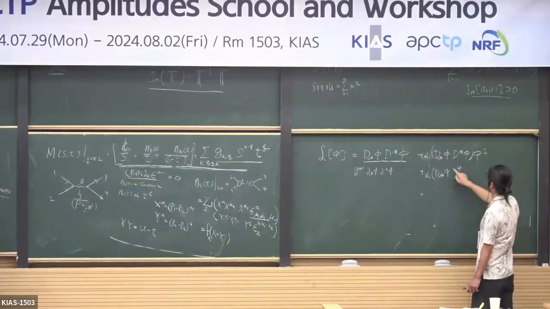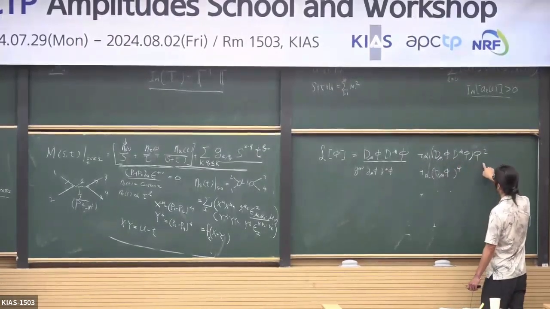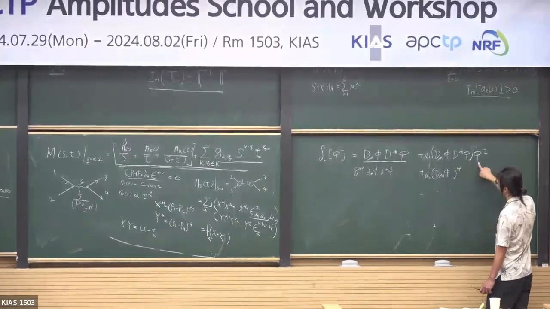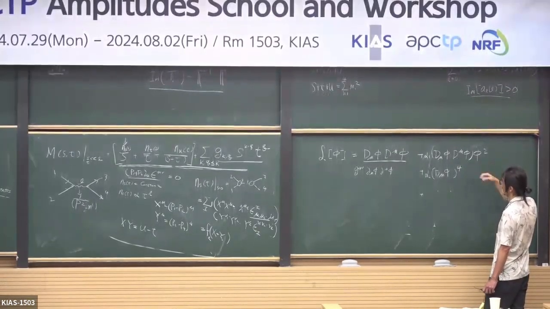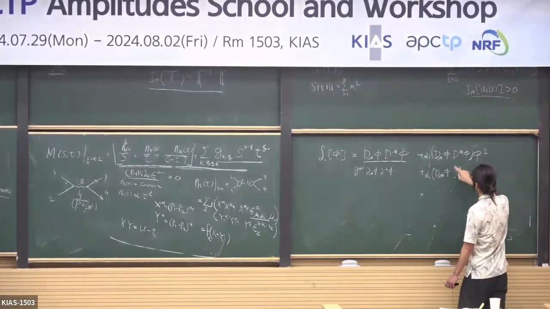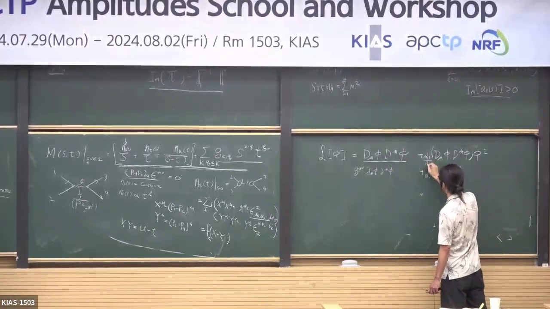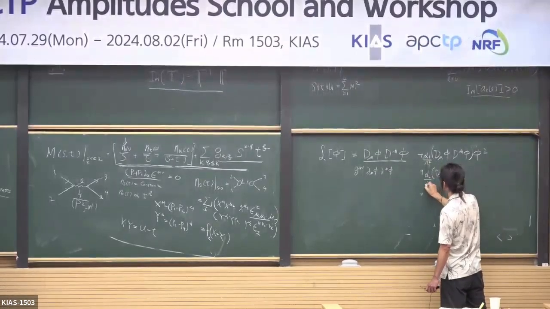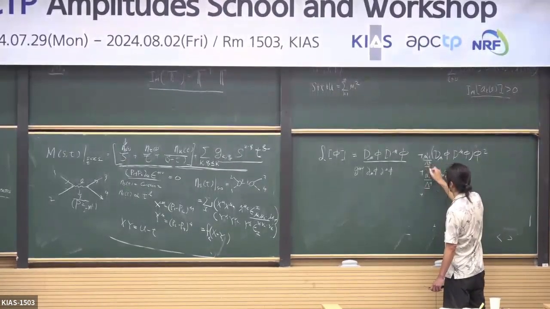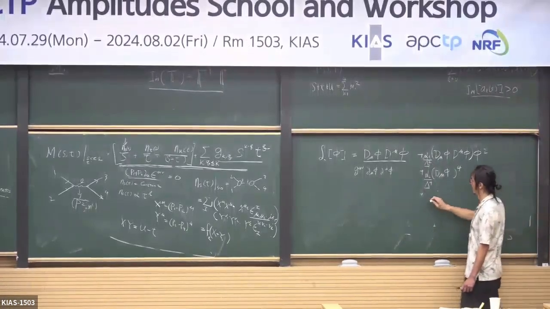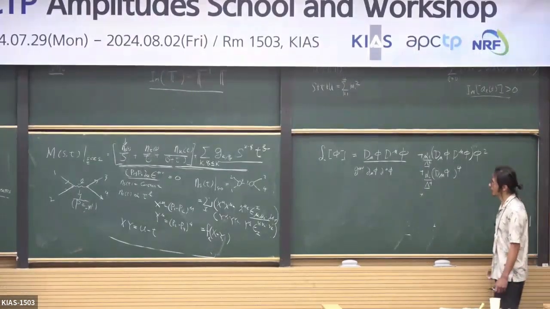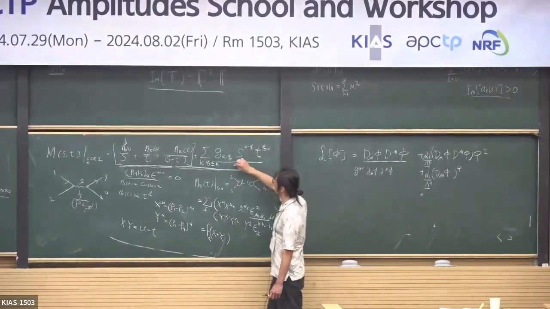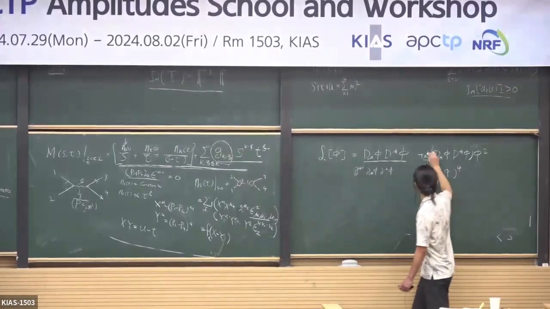So for example, this is 2 derivatives with 4 phi's. Since 4 phi in 4 dimensions has a sufficient engineering dimension to cancel d^4x, this should be normalized by some cutoff squared. And this will be normalized by some cutoff to the 4th, where this cutoff is associated with some UV completion. Okay? So basically what I'm trying to say is that these couplings here are linearly related to these couplings here.